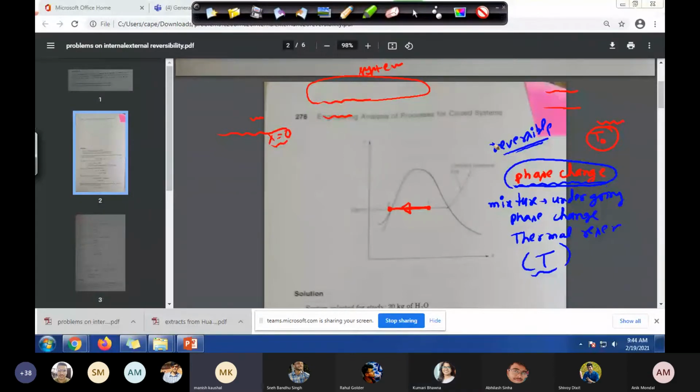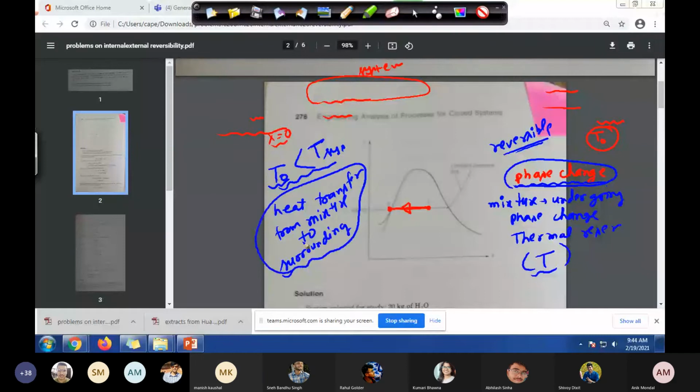So remember, this is the only example, a phase change example, where even if you have a temperature difference between the environment T0 and your system temperature, a finite temperature difference, in this example it is greater. So you are right that heat transfer, listen carefully, heat transfer from the mixture to the surroundings, that you said is irreversible, right? Just a moment.